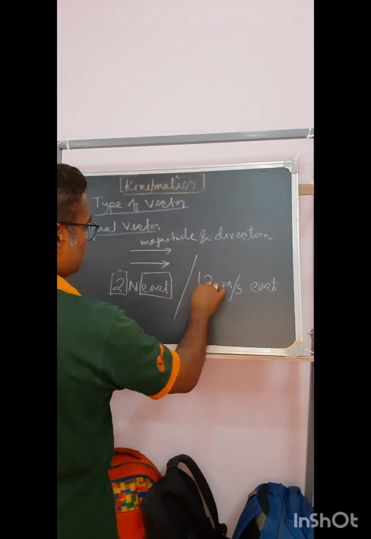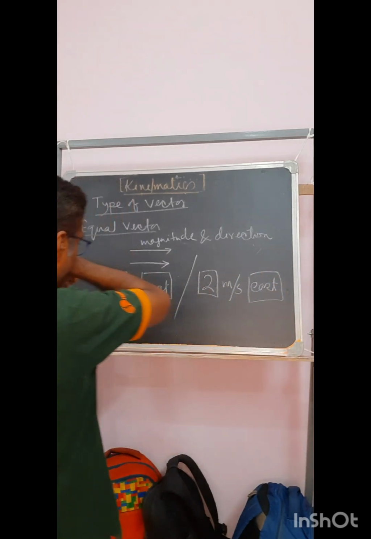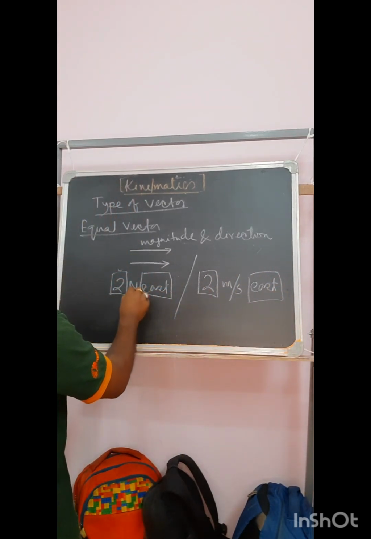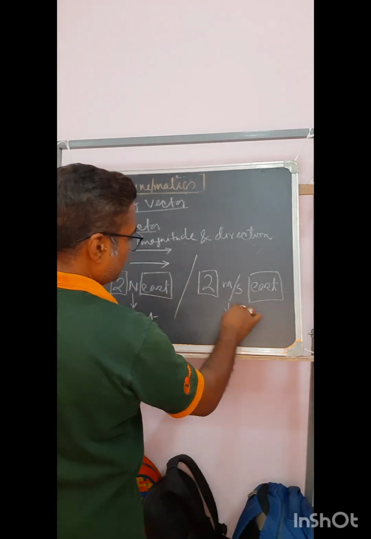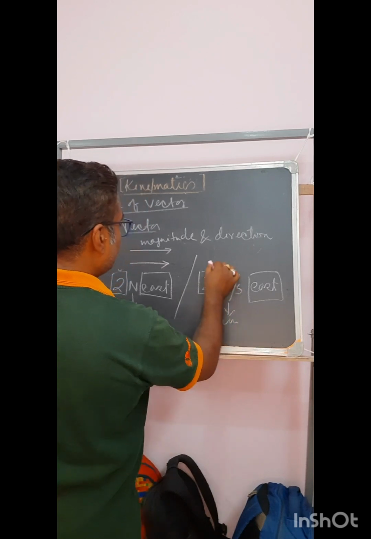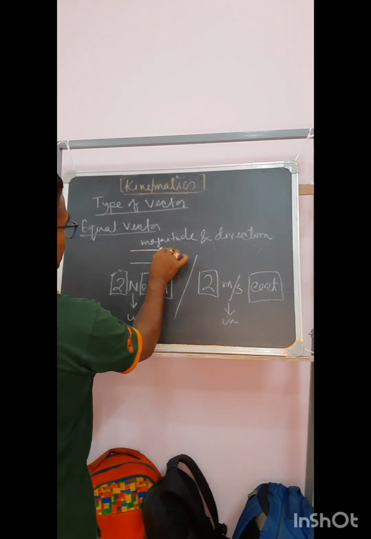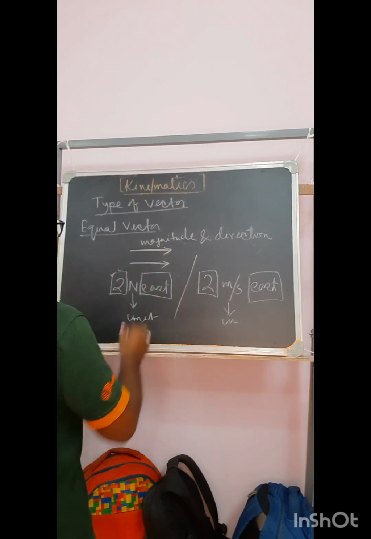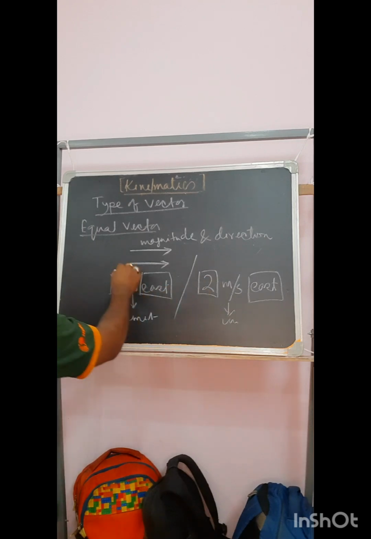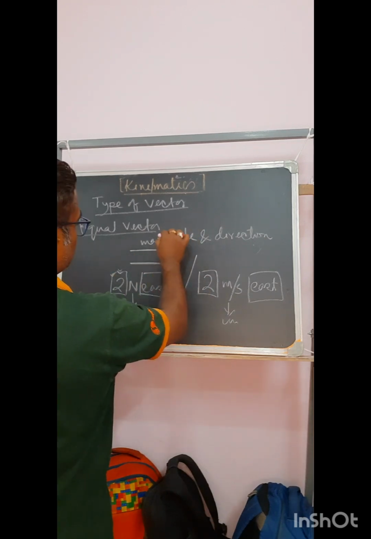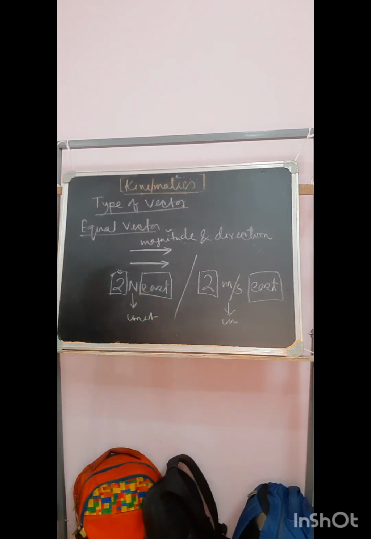The magnitude is 2 here and the direction is also the same, but the thing that is different is the unit. Here the unit is different but both are vectors, both having the same magnitude. Both can be represented with an arrow with a head. This one is also an arrow with a head. So in both cases the magnitude and directions are the same, but their units are different.